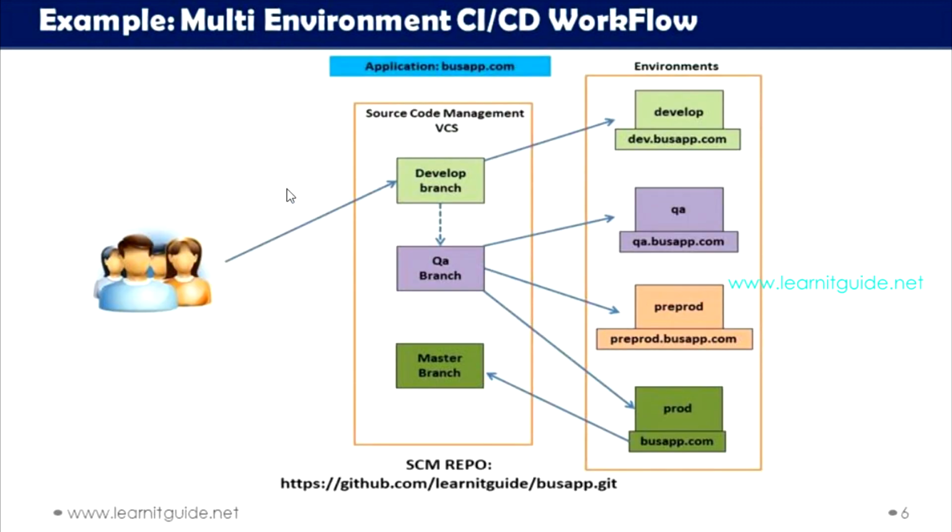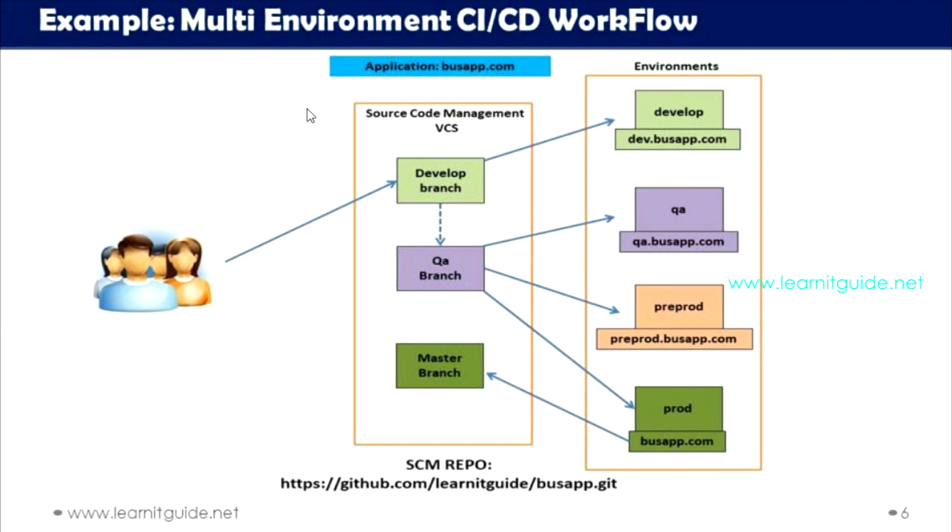So here in the source code management, you will have different branches created for your environments. For the development environment, you will have a develop branch, for QA you can have a QA branch, for pre-prod a pre-prod branch, and for prod a prod branch. The concept of the CI/CD workflow is that the developer keeps developing the code and pushes the code to the development branch.